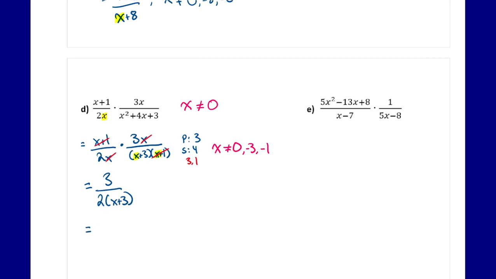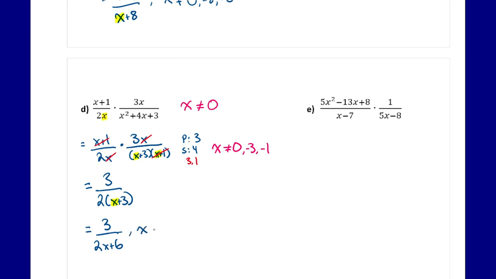On the top, it stays the same, 3, and on the bottom, 2 times x plus 3 becomes 2x plus 6. So that is going to be my simplified form. I could have checked again, oh, there's a variable there, but it's the same factor we've had before, so I don't need to restate that x can't equal negative 3, I already have that.